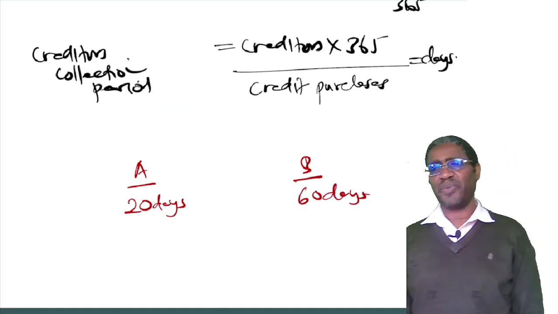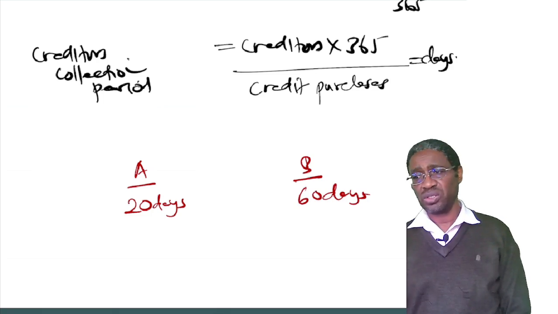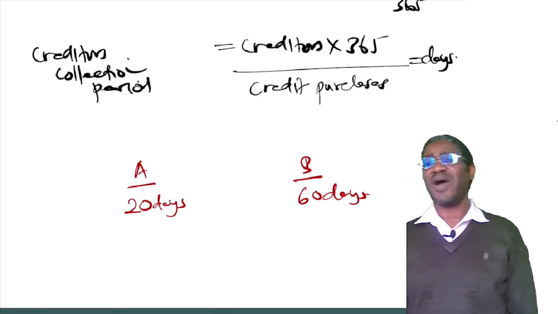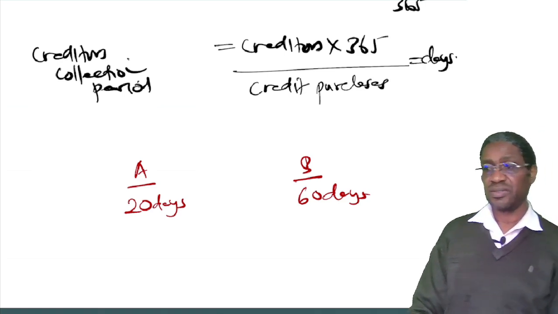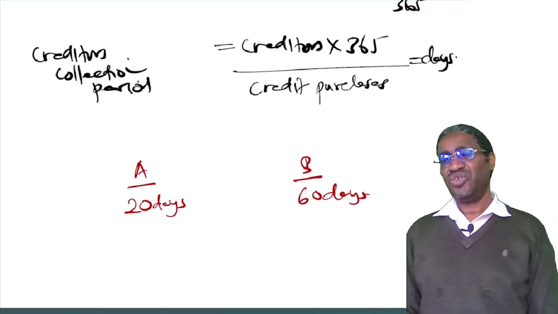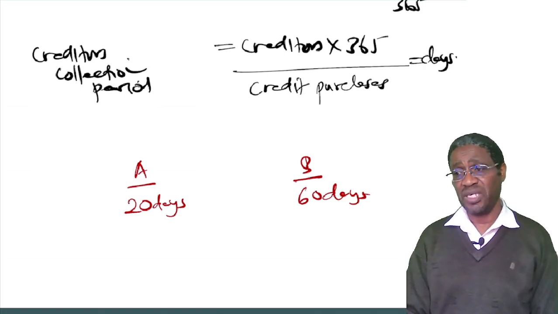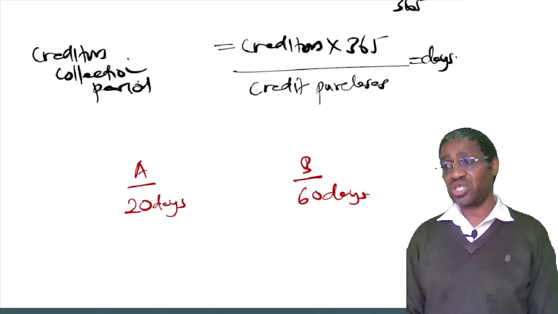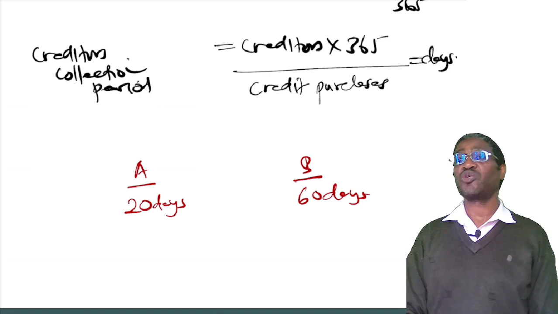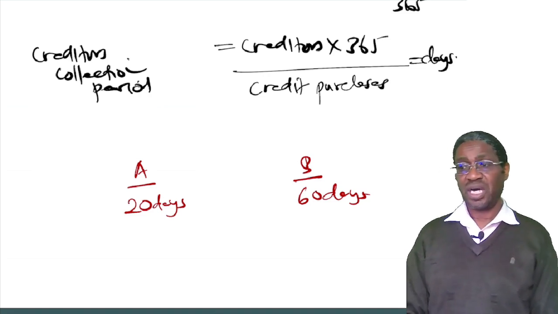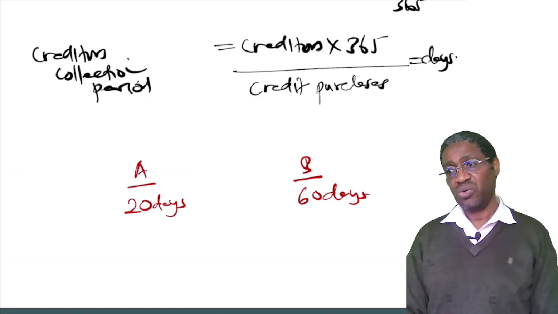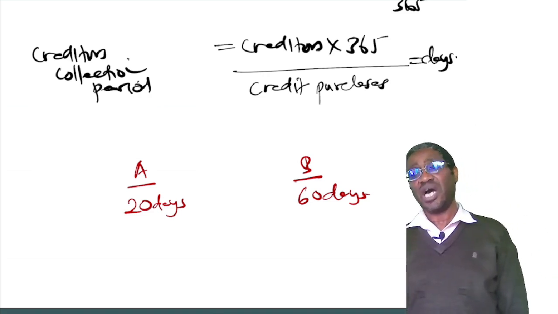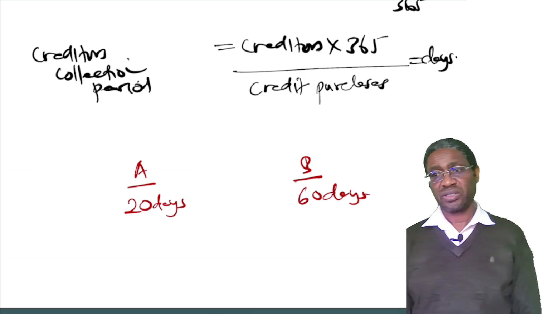You as a company, where will you buy your goods on credit? Will you buy goods from company A, or from company B? You are looking for a supplier, so you want to purchase goods on credit. Company A gives 20 days.